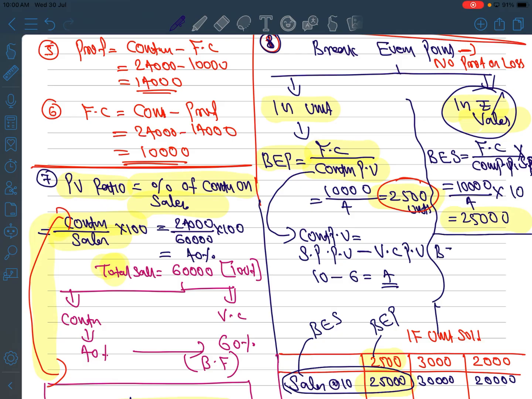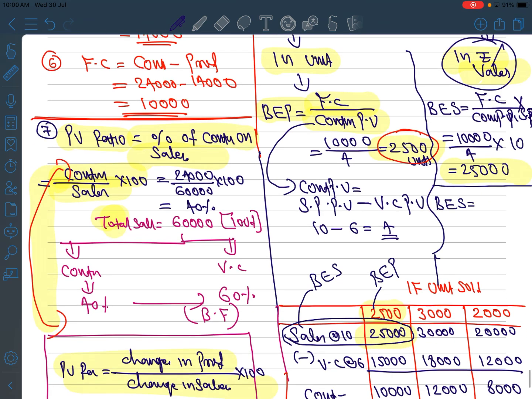Then break-even sales. Another equation is break-even sales is equal to fixed cost divided by PV ratio. Just apply that. 10,000. What is the PV ratio? We already found that, 40%.